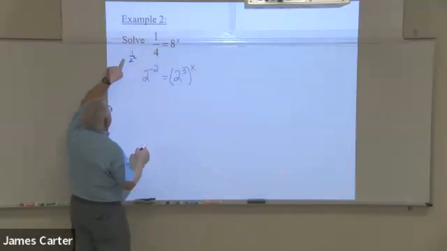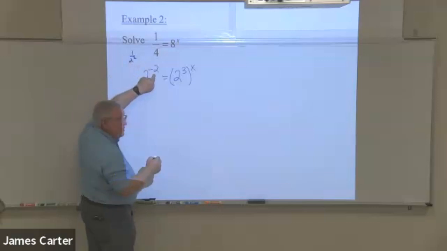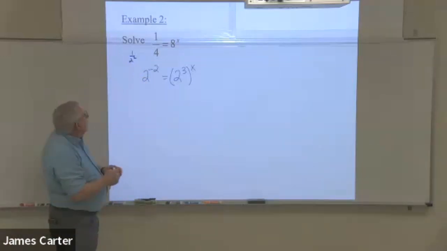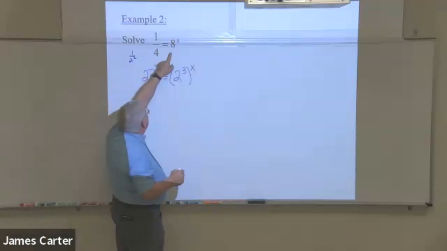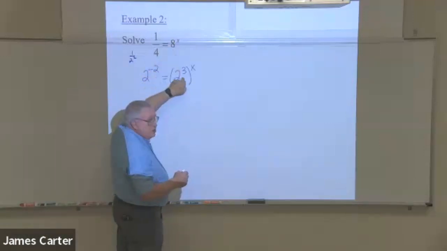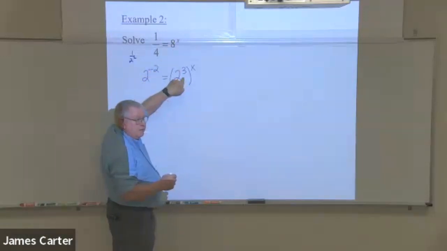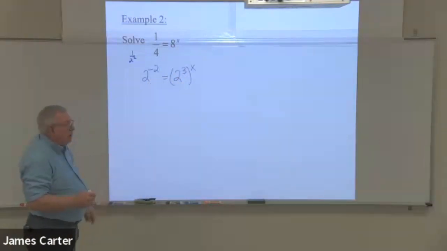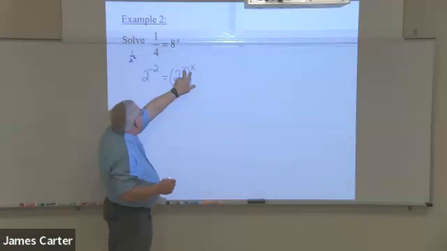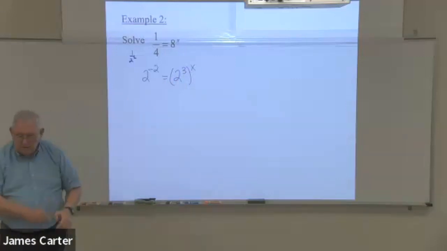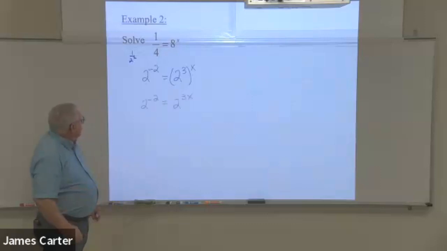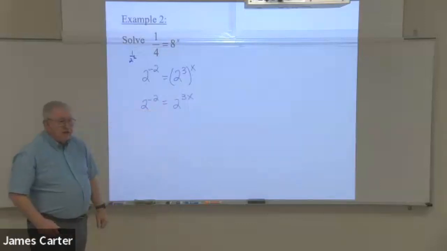Convert this to that, and then convert that to this. Okay? What about this one? Well, 8 is 2 to the 3rd, 2 times 2 times 2. And then we still got this x out here. Well, we're going to use the power rule on these two now. So we now have this equals that.